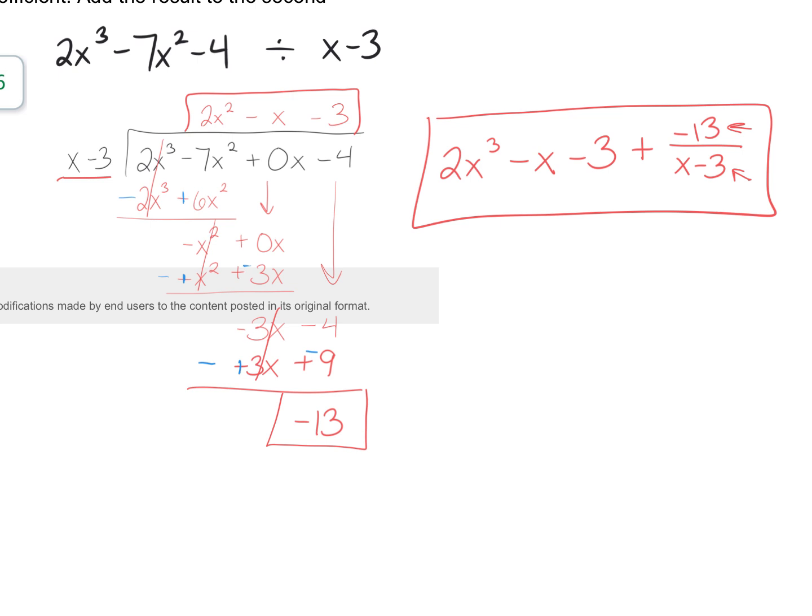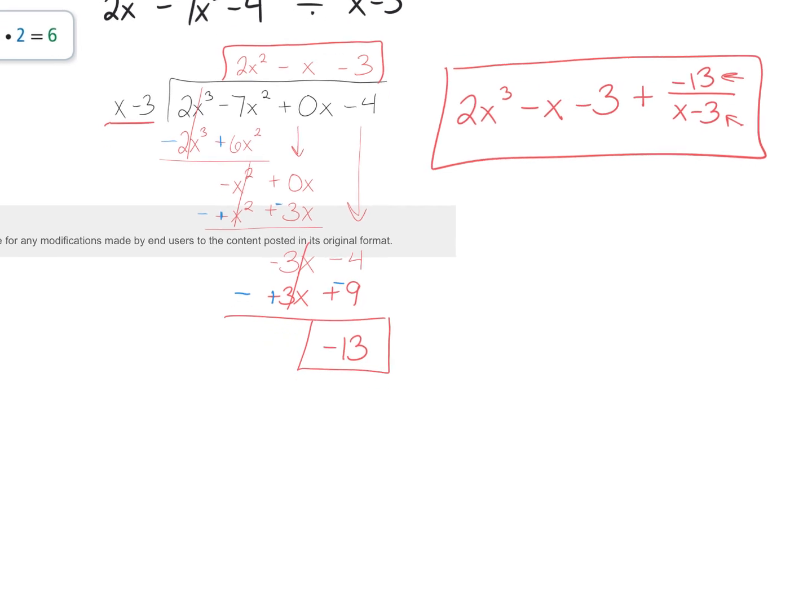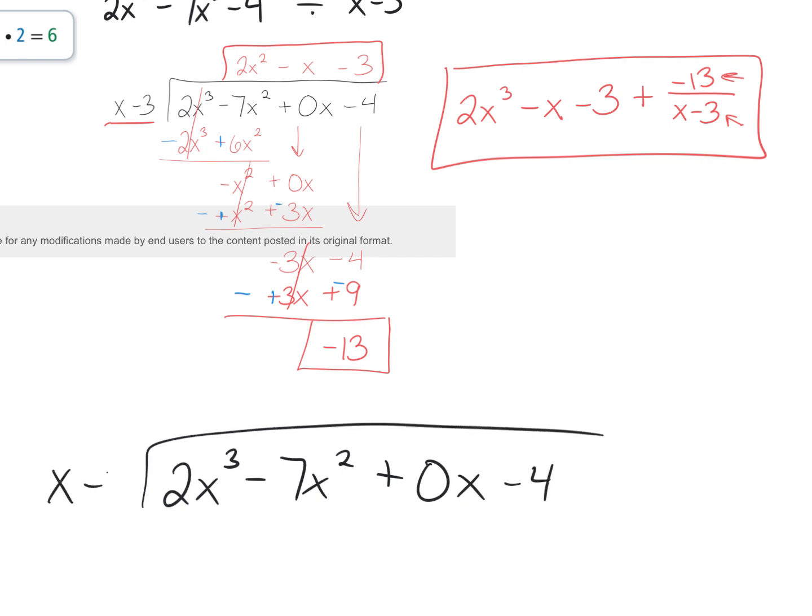Today we're going to learn a simpler version of long division called synthetic division. We are going to do the same exact problem but with synthetic division. So I'm going to rewrite it: 2x cubed minus 7x squared plus 0x minus 4 divided by x minus 3.